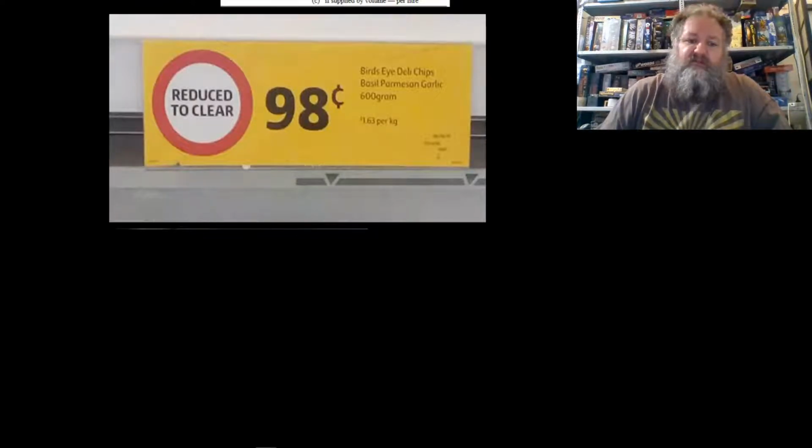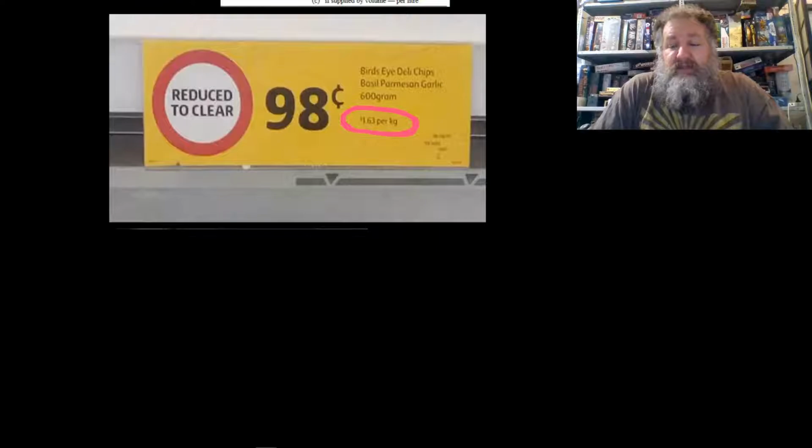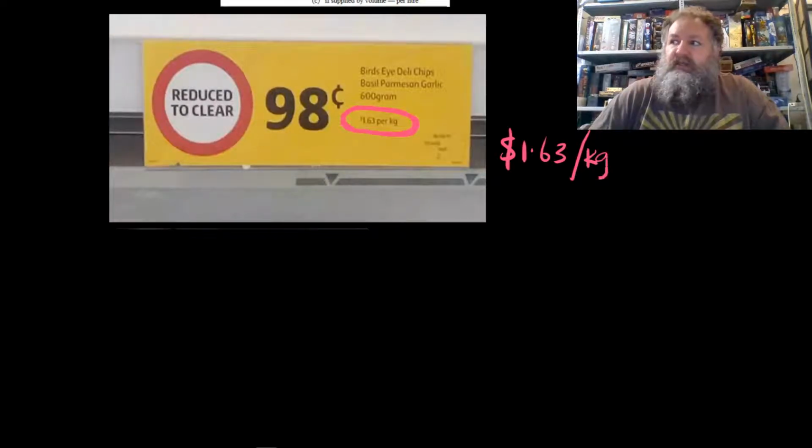But the important part, and the part that we are most interested in right now, is this little bit right here. That is the unit price. Here they're giving us a weight price per kilogram. So if we were to look at the actual cost of these chips, it would be $1.36 per kilogram.